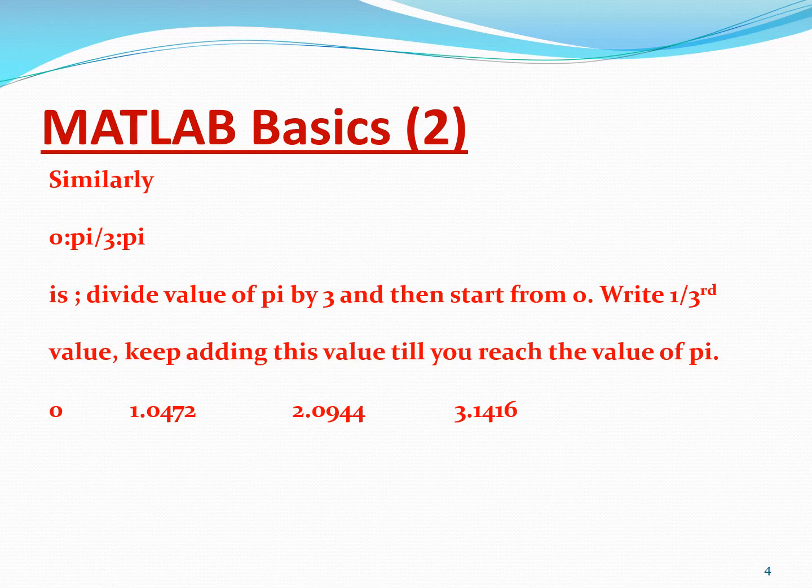Then you add 1.0472 and 1.0472 and you get 2.0944, and when you add 1.0472 and 2.0944, it comes out to be 3.1416. Since we have given pi as the last limit, obviously we stop at 3.1416.